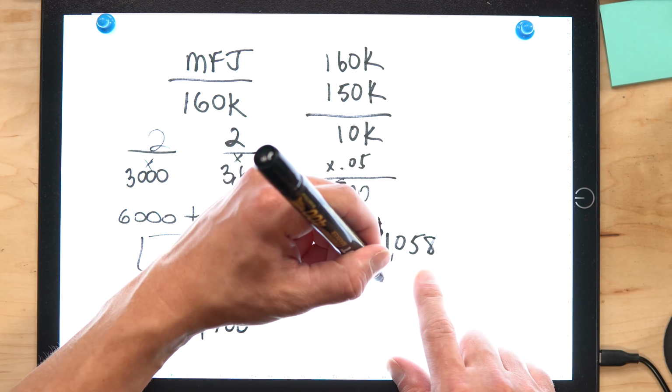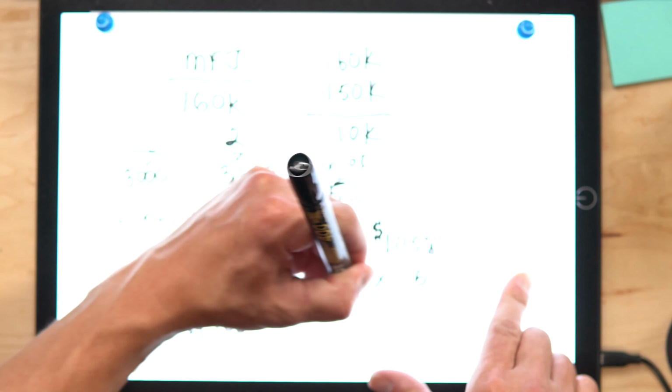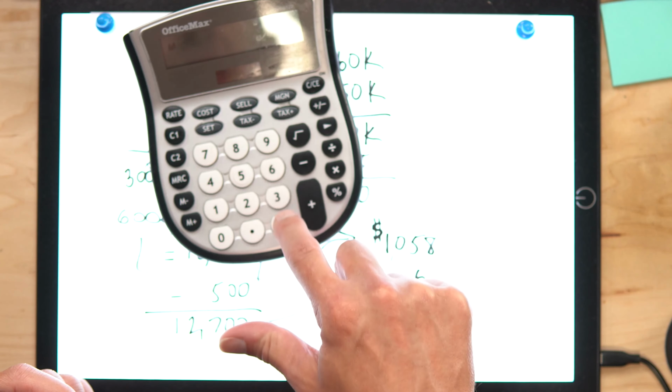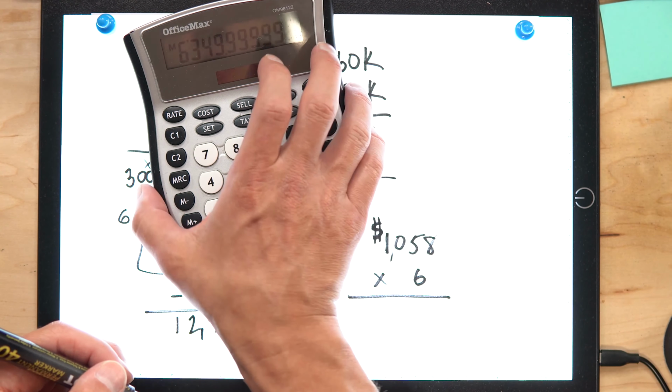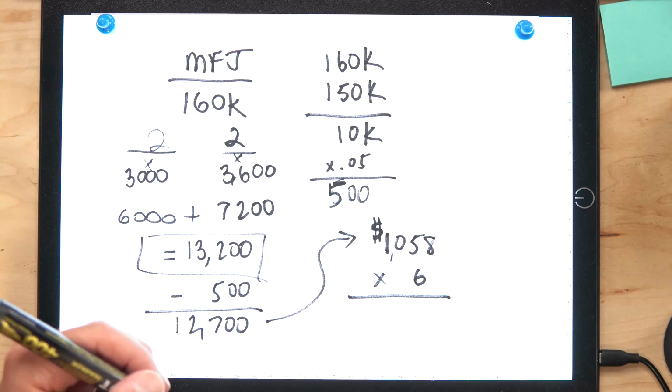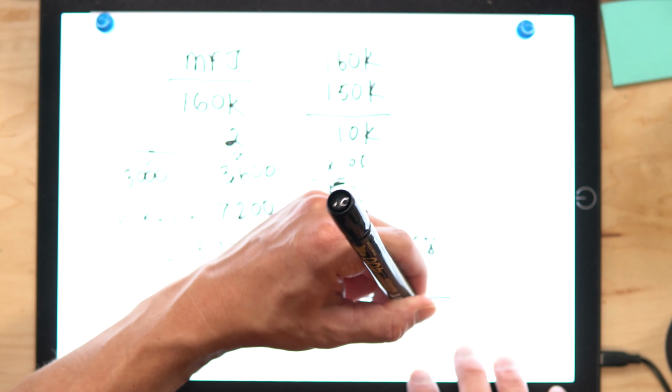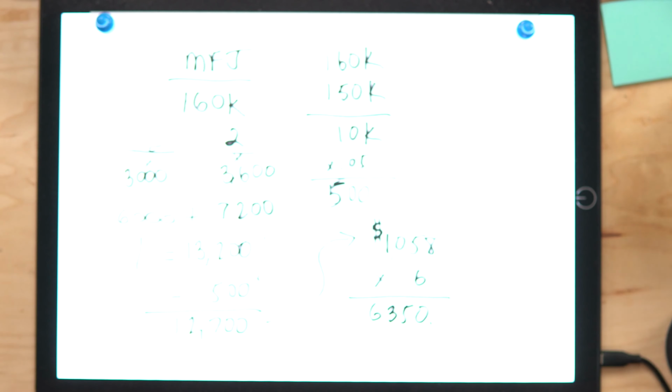That's where you're getting the $1,058. For the year, you're going to get 6 of these payments. So 1,058 times 6 is $6,349.99. We can round that to $6,350. So that's how much you're going to get as an advanced credit.